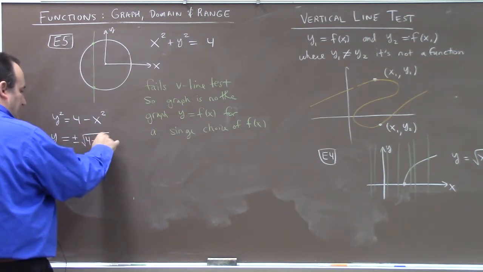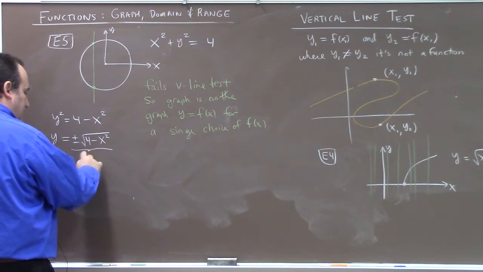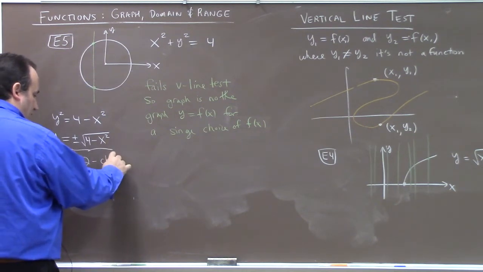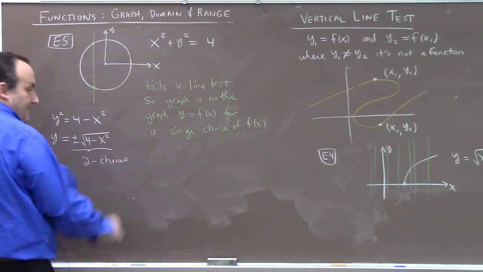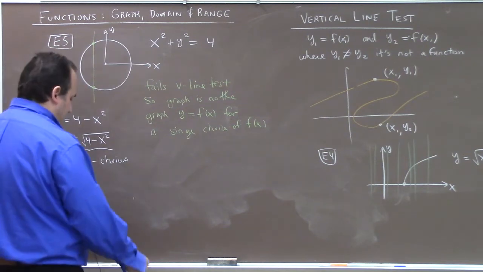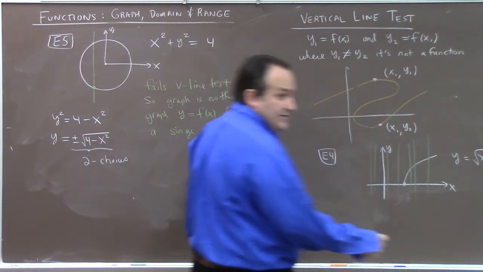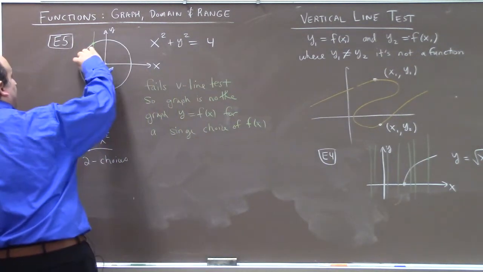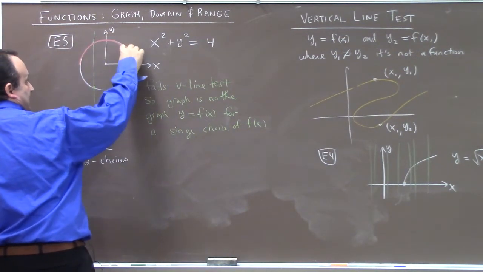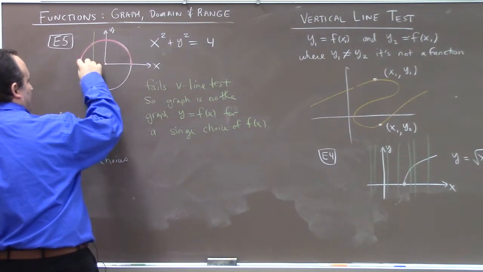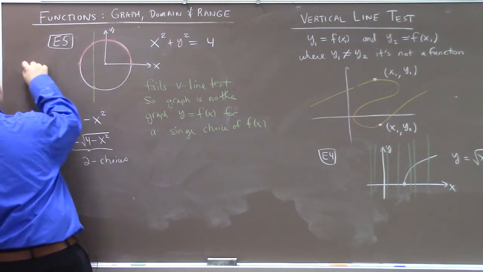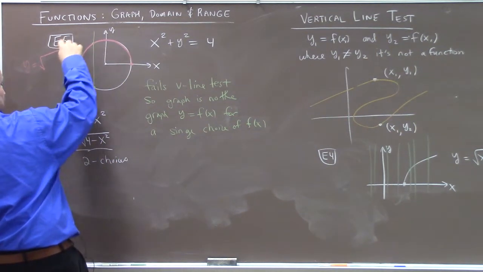So as you can see, two choices for our y. What's going on is very simple to understand. The top of the circle is the plus square root. That's the graph of y equals the square root of 4 minus x squared.